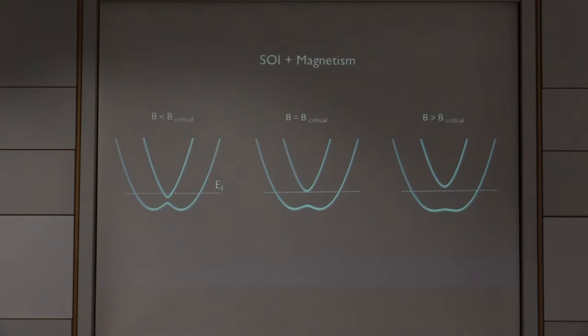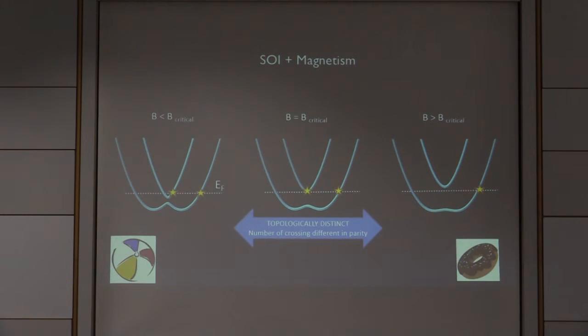And the next thing which you have to take into account is the position of the Fermi level. Taking into account this kind of band structure and the position of the Fermi level, you can have three situations. The Fermi level crosses both bands, or it crosses one band and touches the other, or it just crosses one band and doesn't touch the other band.